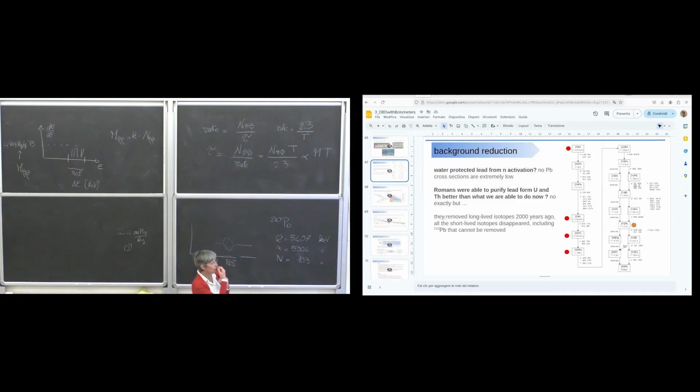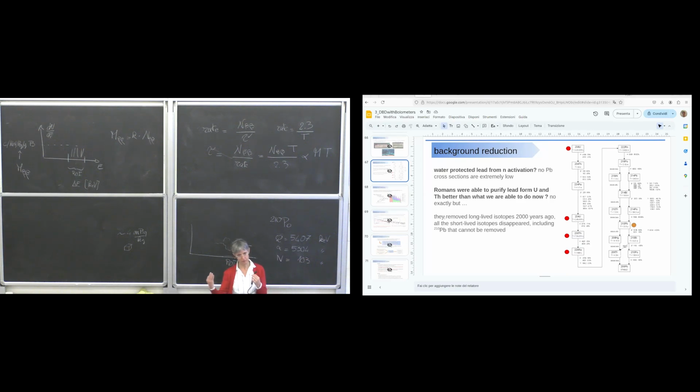So the idea of using lead is simply that the lead was purified in ancient times, and therefore, once all the uranium was removed, the chain that produced lead 210 was no longer fed, and therefore we do not have lead 210.